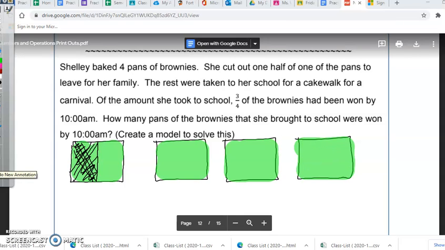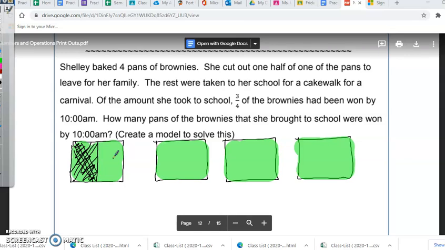The rest were taken to her school for a cakewalk for a carnival. So this is what we're taking to the cakewalk. Of the amount she took to school, this part here, 3/4 of the brownies had been won by 10 a.m. So 3/4 of these had been won by 10 a.m. So how many pans of the brownies that she brought to school were won?